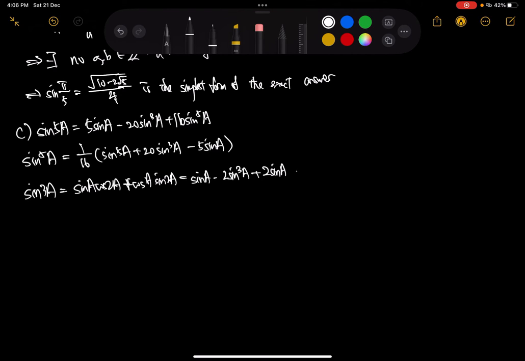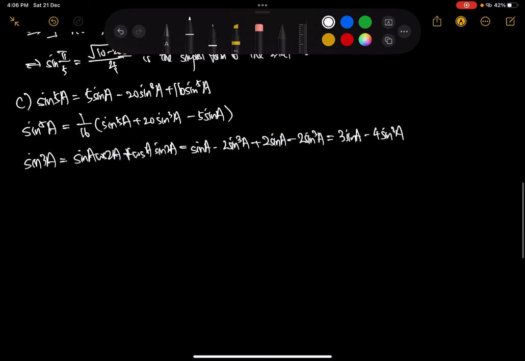Cosine squared A, which is 3 sine A minus 4 sine cubed of A, and which means sine cubed of A is 1 over 4 times 3 sine A minus sine 3A.